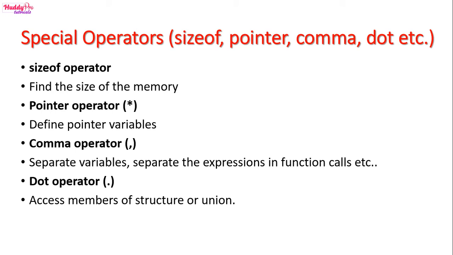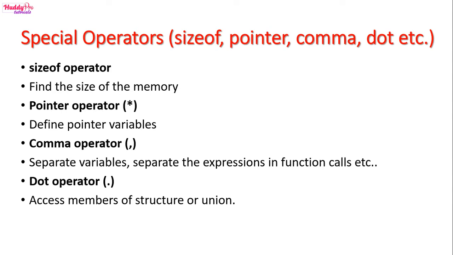The sizeof operator is used to find the size of memory in bytes that is allocated for a variable. The pointer operator is used to define pointer variables in the C programming language, whereas the comma operator is used to separate variables while declaring them, and it's also used to separate expressions or functions.